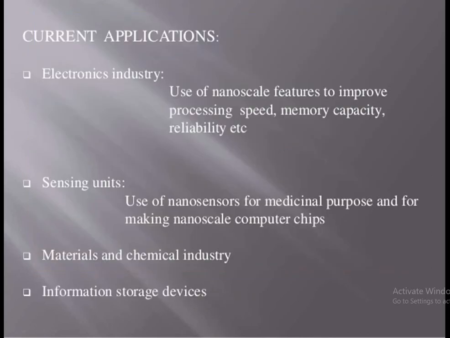Now, what are the current applications of nano manufacturing? In the electronics industry, it is used to improve processing speed, memory capacity and reliability. In sensing units, nanosensors are used for medicinal purposes and for making nanoscale computer chips. It is also used in the materials and chemical industry and information storage devices.